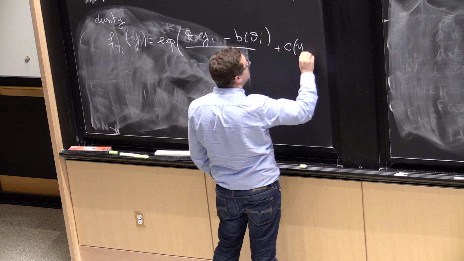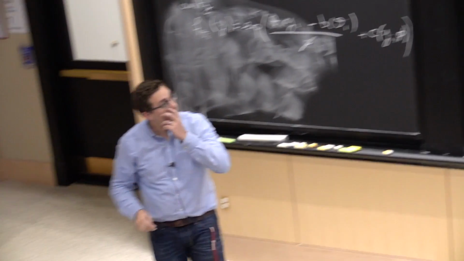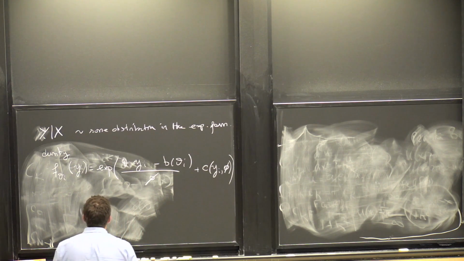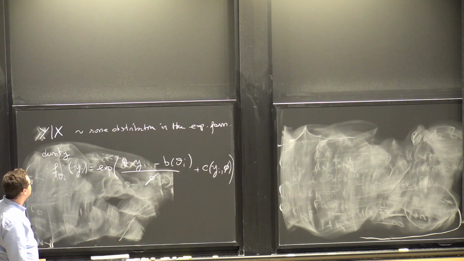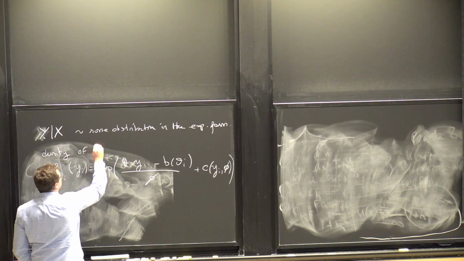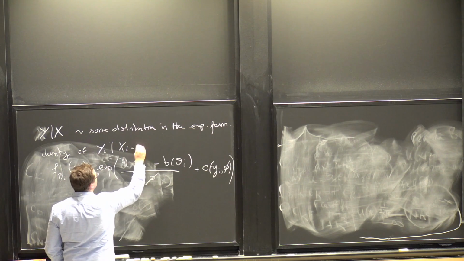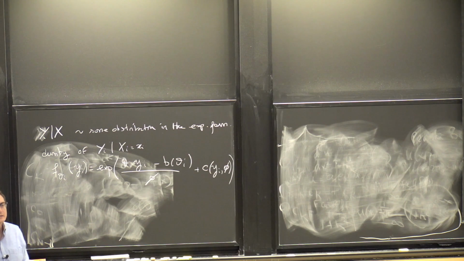C of y_i, phi. The C, again, we don't really need to think about it. This is something that's going to come out naturally as soon as you need a normalization factor. If this is the distribution of y_i given x_i, that's the density of y_i given x_i equals little x_i. So it should depend on x_i somehow, and it does not appear to.